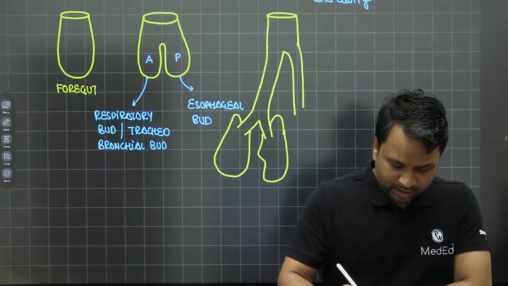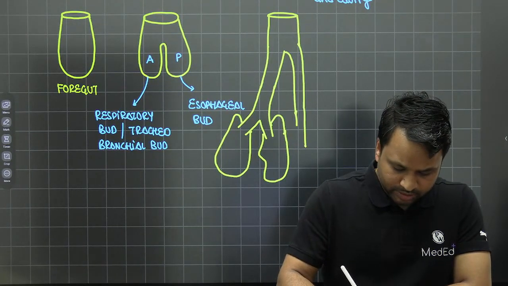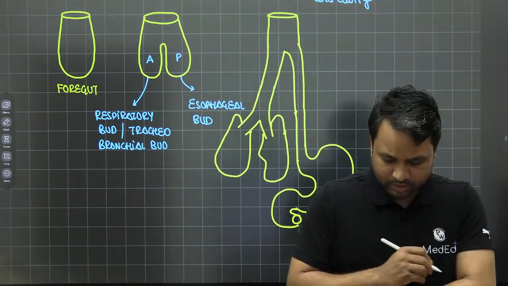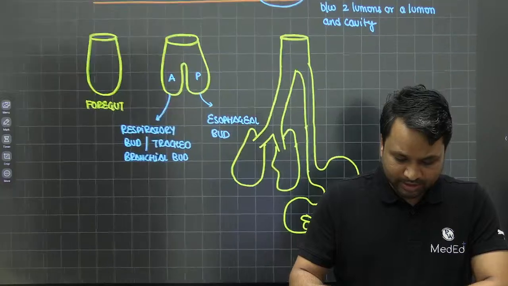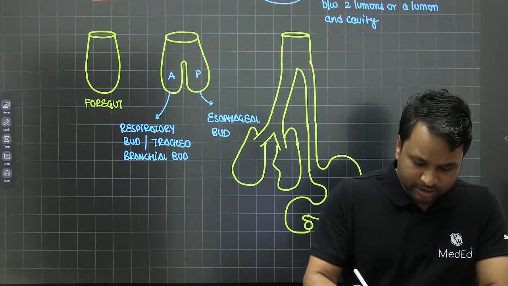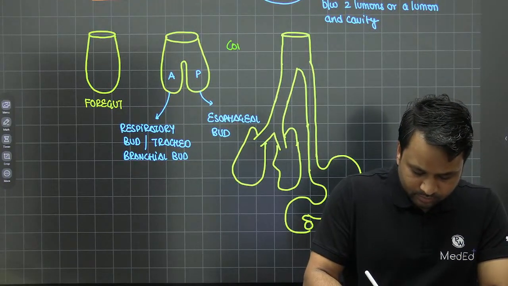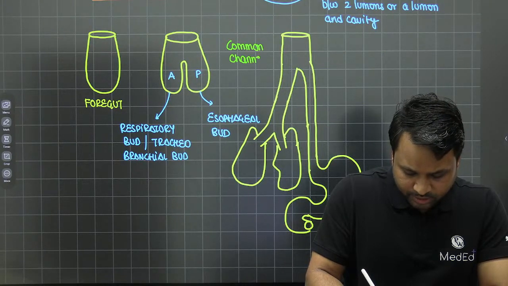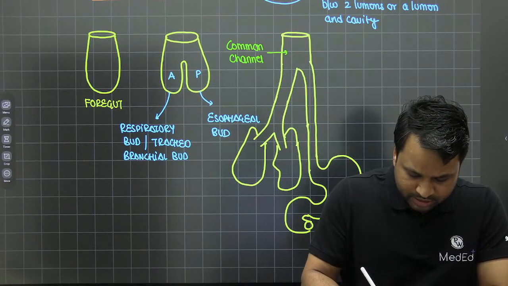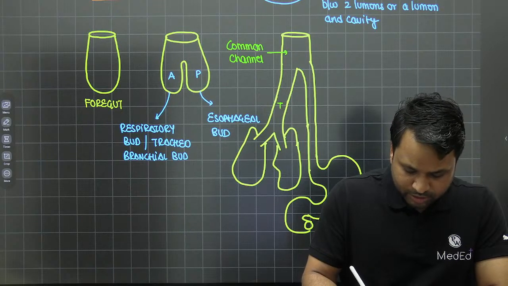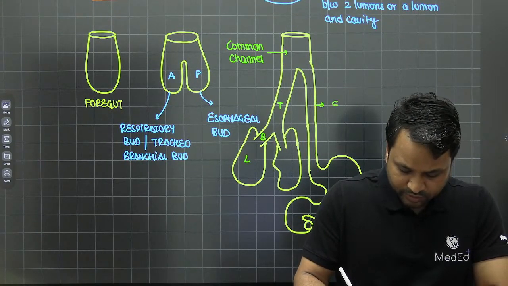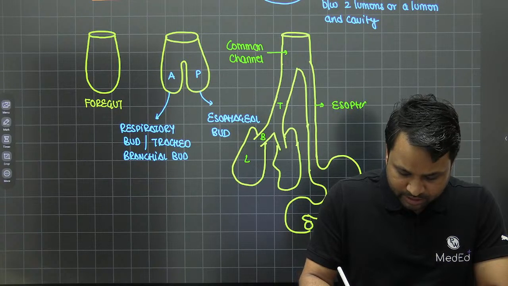The other part will continue to form the esophagus, and crossing the diaphragm it will go into the stomach, right? So this is the common channel between the two. This develops into the tracheobronchial tree. So this is trachea, this is bronchus, this is lungs, and this happens to be the esophagus.